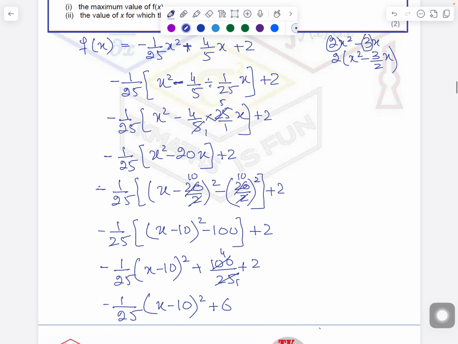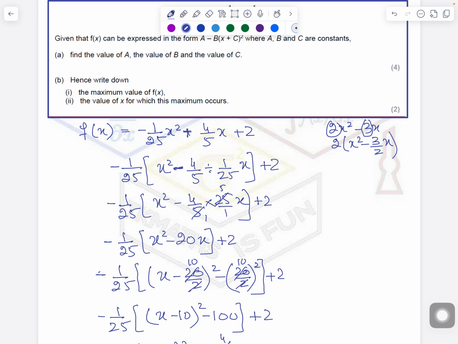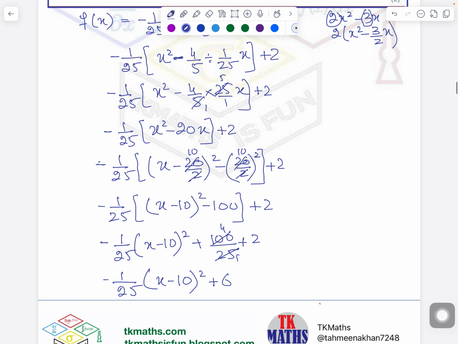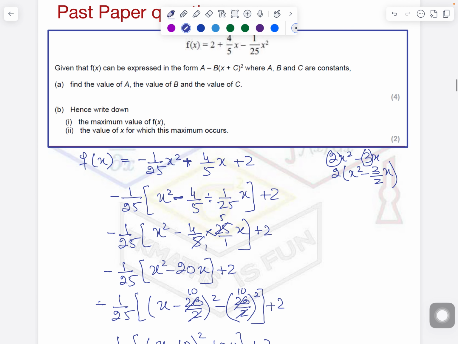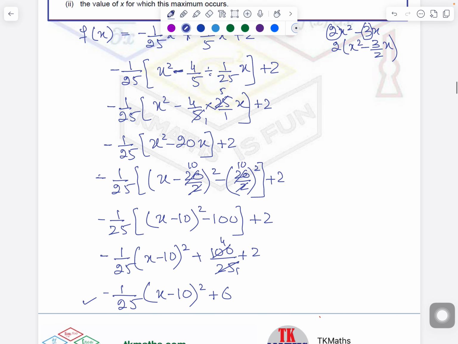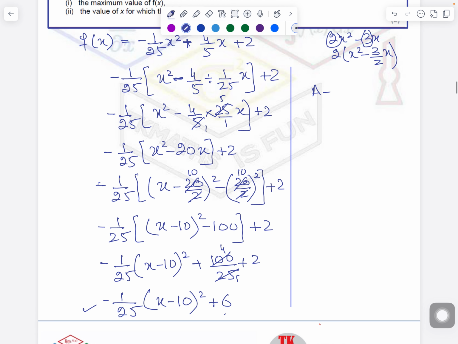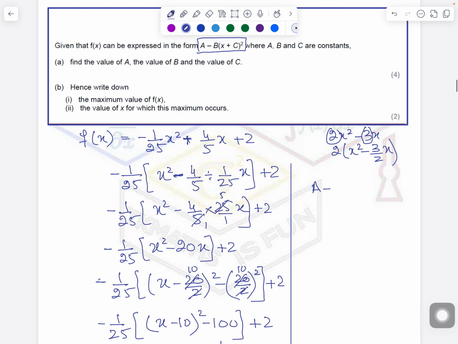So now the next part of the question is to find the maximum value. But you see, because this value is negative here, and I have found this form, I have to answer separately what A, B and C are. The question is actually written in the form A minus B(x plus C) squared.